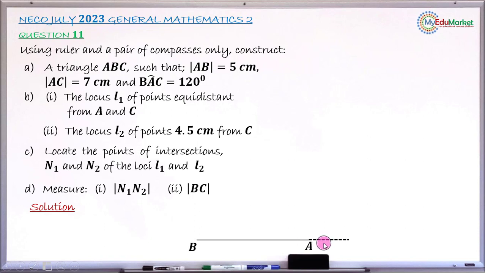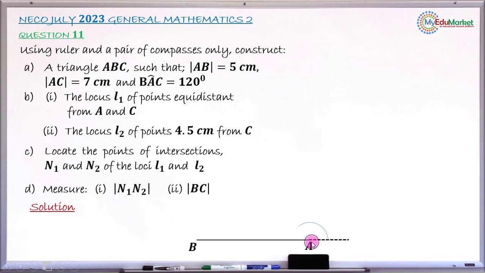Next you take your compass, open it, and place it at this point A. You open it small and draw a semicircle with the pointed part of the compass at A. That is the center of the semicircle.